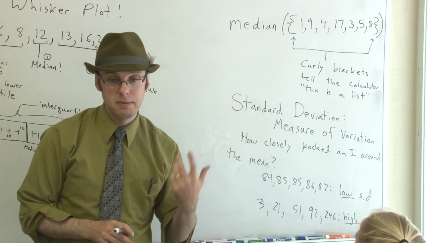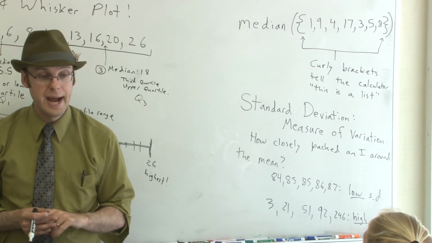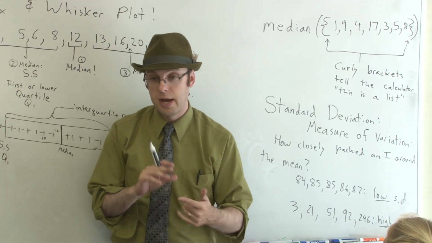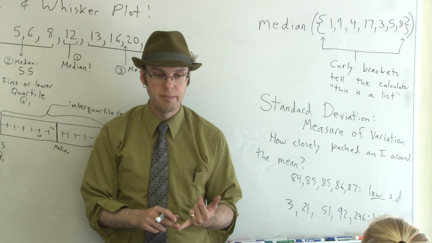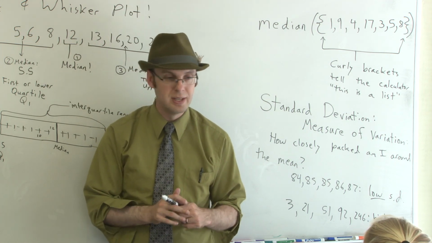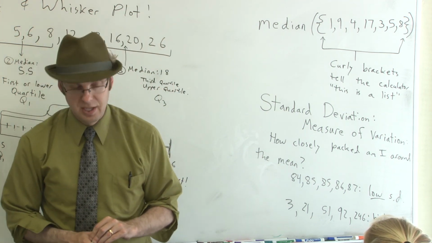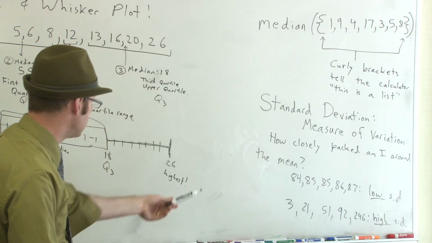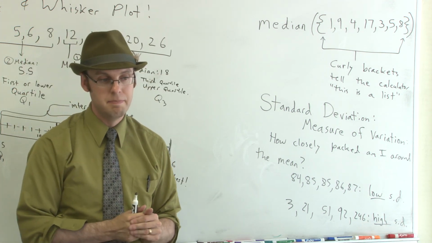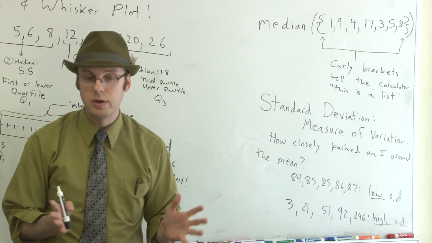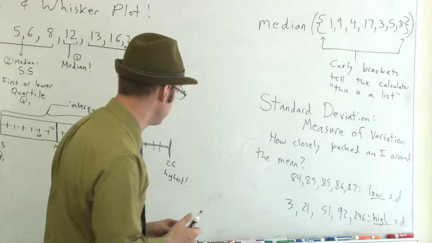Calculating it by hand is a huge task, where you've got to calculate the mean, calculate the difference from the mean, square that, add them together, take the square root, divide by one less than the number of terms. It's big. Luckily, you have a standard deviation button, so use that. That's what you're going to want to be doing on this particular test.